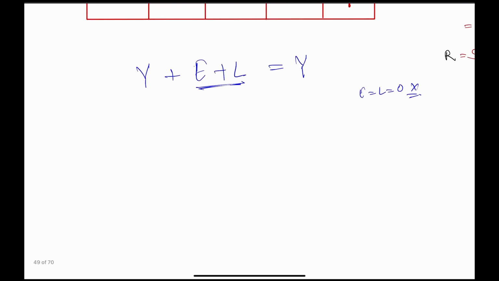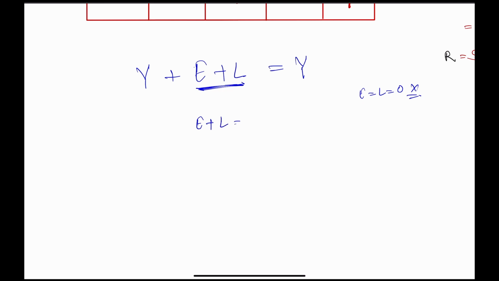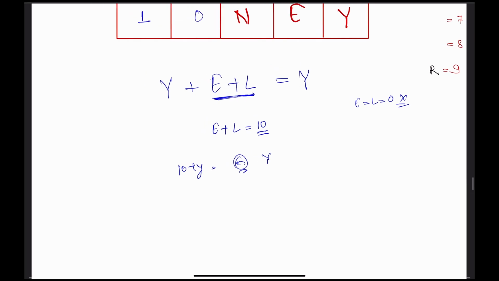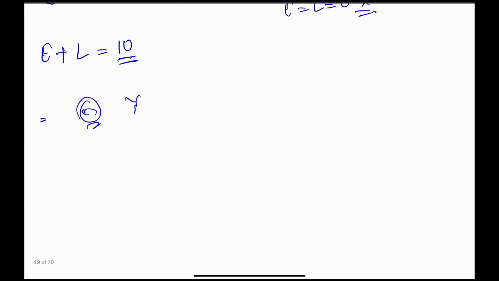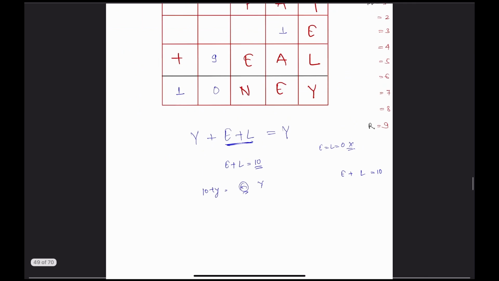So what else is possible? One condition I can say is when E plus L equals 10, then only I can say that yes, 10 plus Y will be there, and 1 will be going over as a carry.